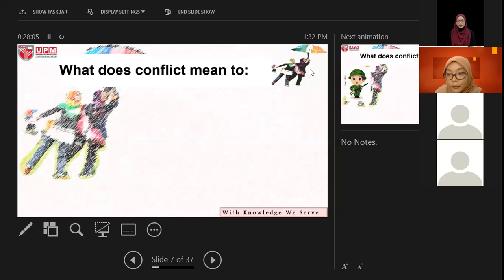Ada individu yang dia kata bila kita tumbuk pintu, then it is actually a common action. Not necessarily we are angry at any person. Tak semestinya, kadang-kadang saja je nak tumbuk pintu. Kick the door, for example. But for some people, even when you touch your table macam kuat sikit pun, dia dah rasakan something wrong.